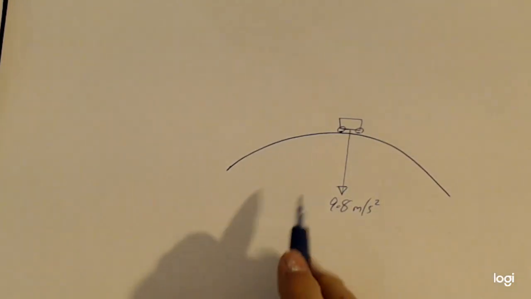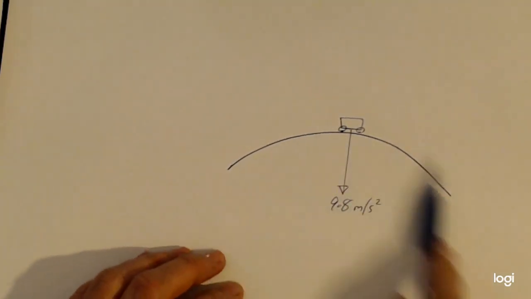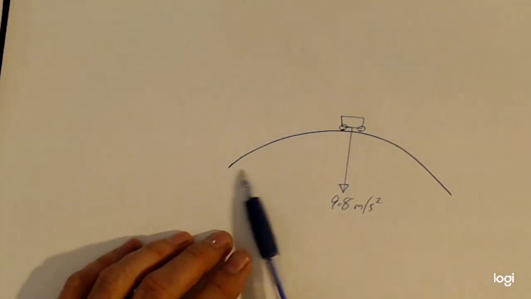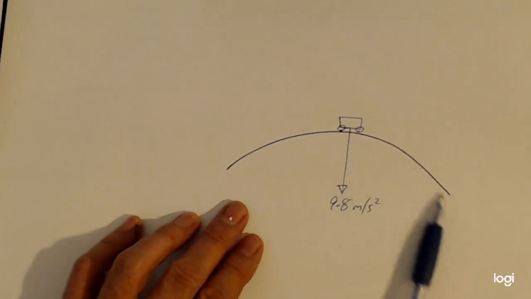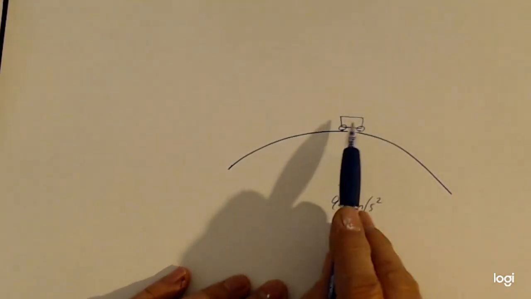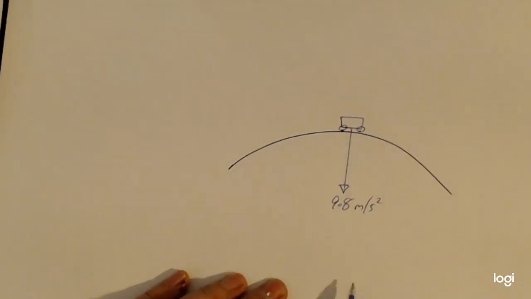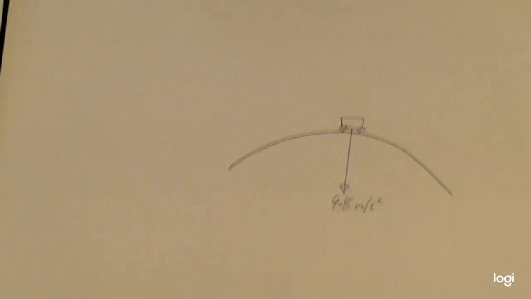If it is not quite leaving, if it's going over slower, still going in that circle, then its acceleration is 9.8 plus the acceleration from the force that keeps it in a circle. But if it's just not quite taking off, then the only thing forcing it down is gravity, and that's the acceleration of 9.8 meters per second squared.